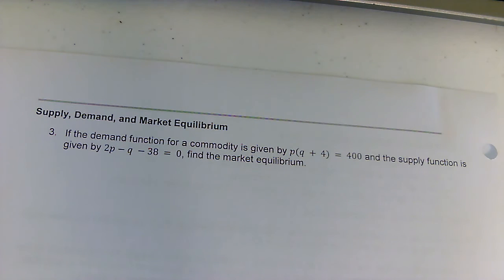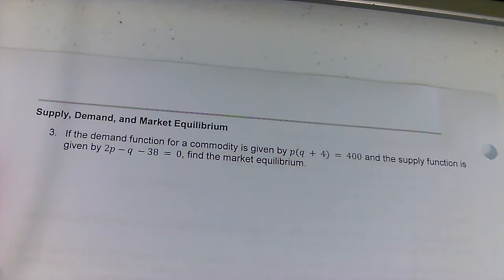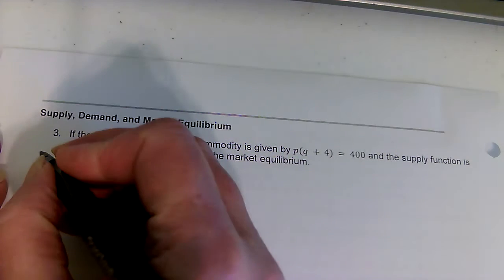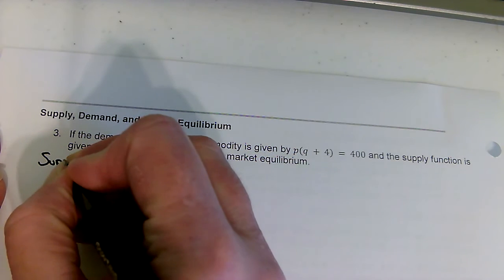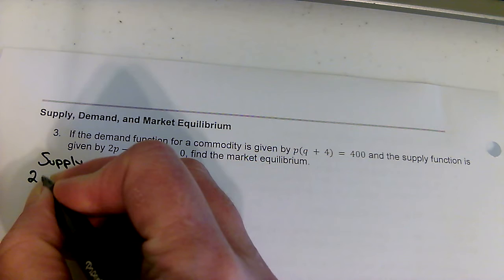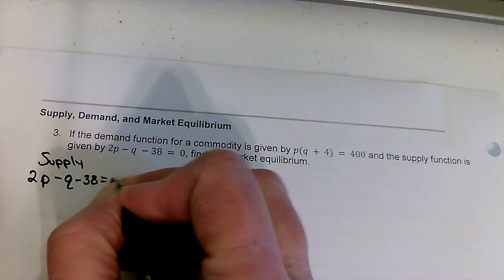So let's start with the supply function. It's 2p minus q minus 38 equals 0.